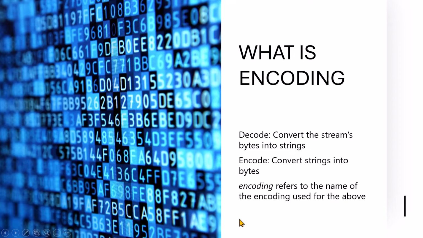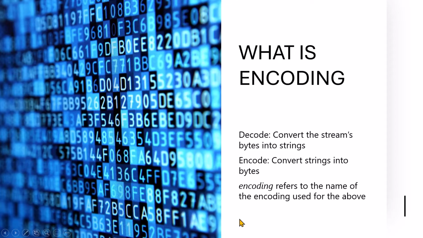We know that computers only understand machine language as zeros and ones. We as humans can read text, right? So when writing to the disk, the text that we write is converted into zeros and ones or bytes, and that's written to the disk. And when reading from the disk, the bytes are converted back into text or strings. And that's what encoding is.